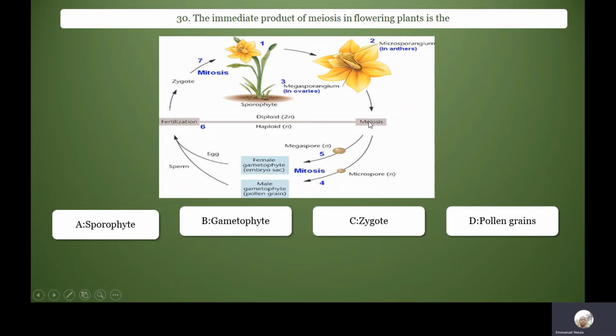After meiosis, what you have is the gametophytes, and the particular one here, immediately after meiosis, is the pollen grains in the anthers. So the correct option here is pollen grains.